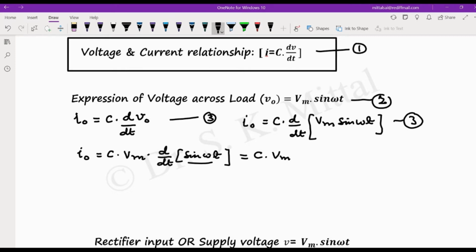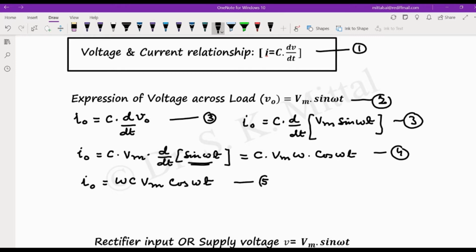Now we differentiate sin omega t with respect to t, which gives omega cos omega t. So the expression for the output current I0 is equal to omega C Vm cos omega t. This is the final expression for output current.